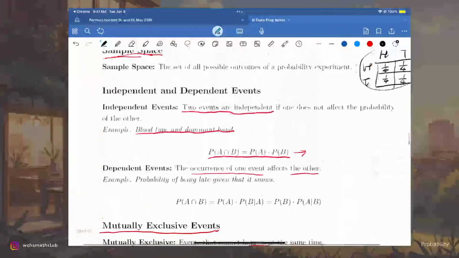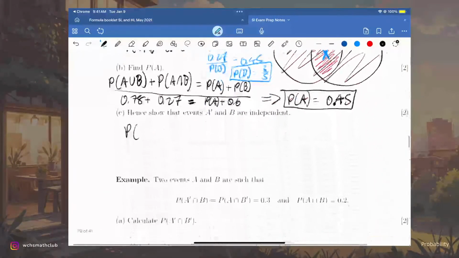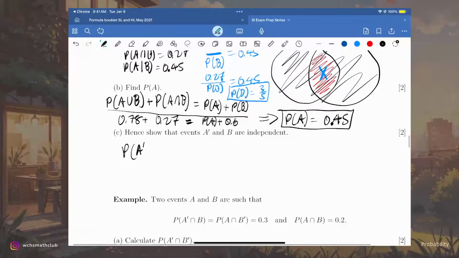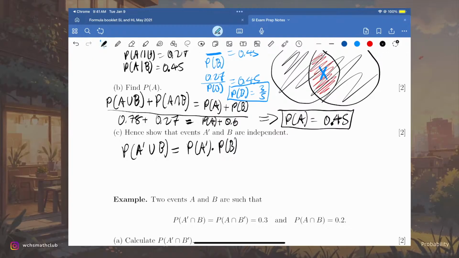Two events are independent when this law holds true. So basically we're just going to plug in A prime and B for this one, P of A prime intersect B equals P of A prime times P of B. So we need to show that these two events are independent.